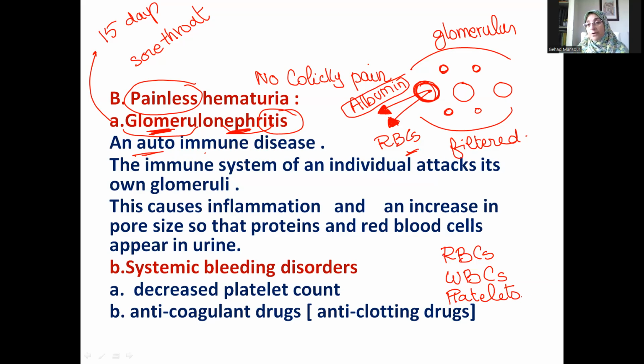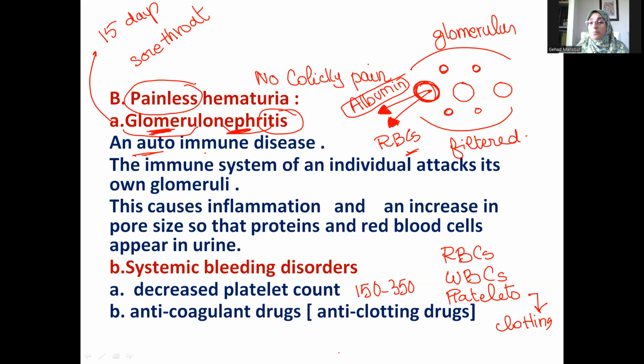And although they are very small, and although they are not true cells, but small fragments of cells, yet they are very important for blood clotting. So the platelet count usually is 150 to 350,000, meaning that you have to multiply by 10 to the power 3 per cubic centimeter of blood.